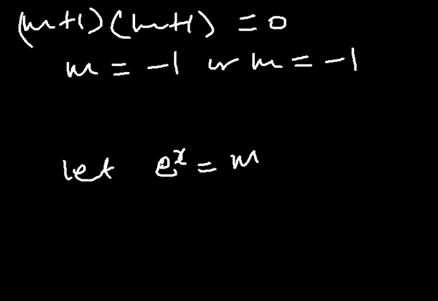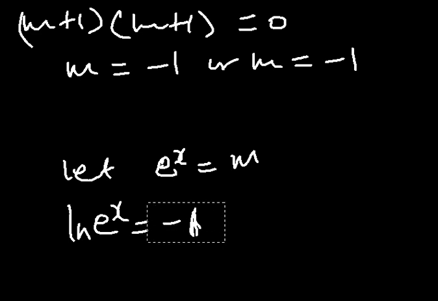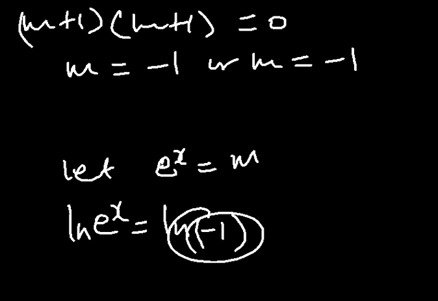So now since we had this, we'll come back to this. We'll have e to the power x is equal to negative 1. Now as it stands here, we'll have to introduce ln on both sides, in the sense that we'll have ln e to the power x, and also ln of negative 1, of which the ln of negative 1 does not exist.